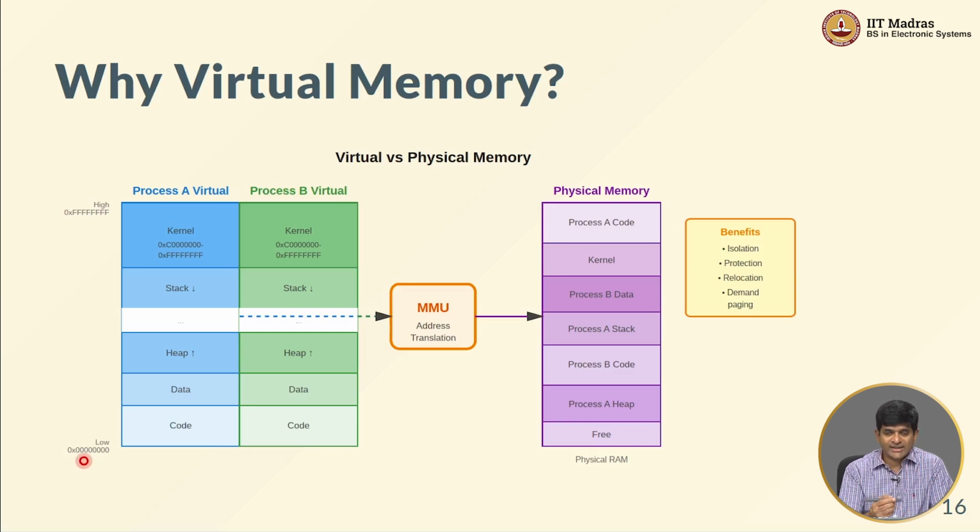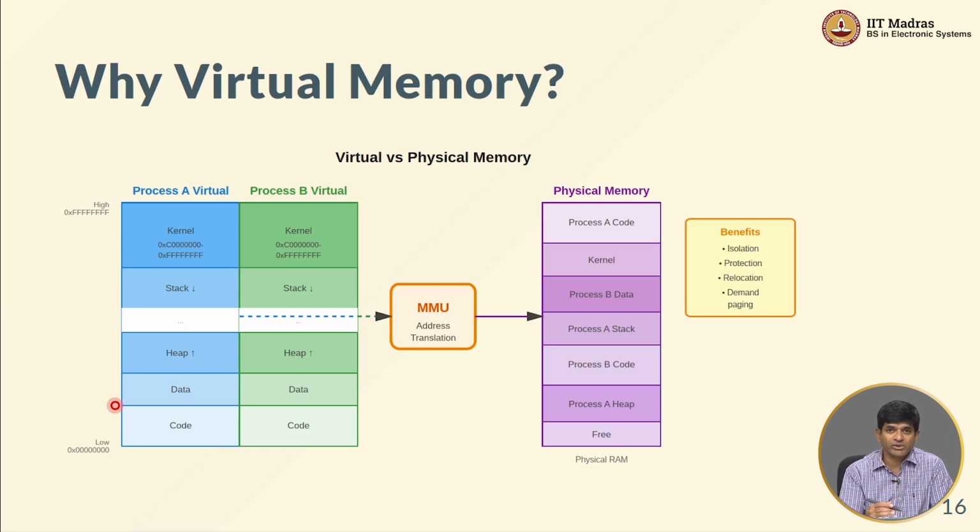What I mean by that is, I could, for example, give both of them full access to a range of addresses starting all the way from 0 up to the full 32-bit FFFF, right? Now what that means is, as far as process A is concerned, technically it has access to a 32-bit address space, which means that potentially it could try and access anything up to 4 GB of memory.